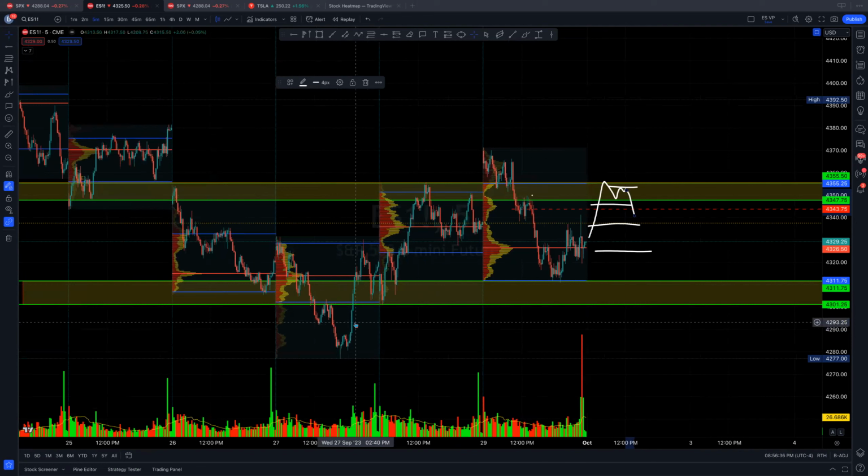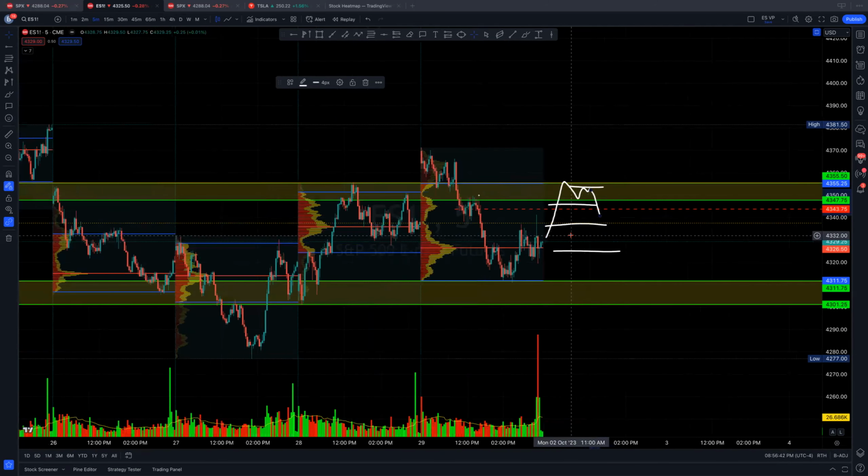So I'll be looking for stuff like this within the first hour or two, see how the first market profile or the first volume profile develops. And then I'll start analyzing where I should take my entries for a potential trade.